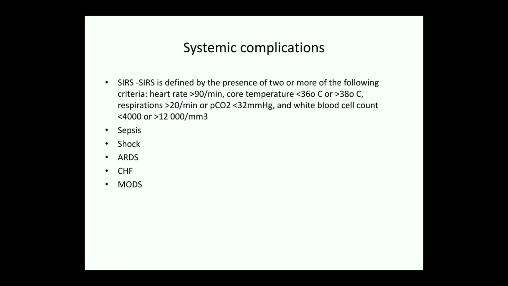Some of the systemic complications is SIRS, systemic inflammatory response syndrome, which is defined by the presence of two or more of the following criteria: heart rate more than 90 per minute, core temperature less than 36 or more than 38 degrees Celsius, respiratory rate more than 20 per minute, or partial pressure of carbon dioxide less than 32 mmHg, and white blood cell count less than 4,000 or more than 12,000 per cubic millimeter.